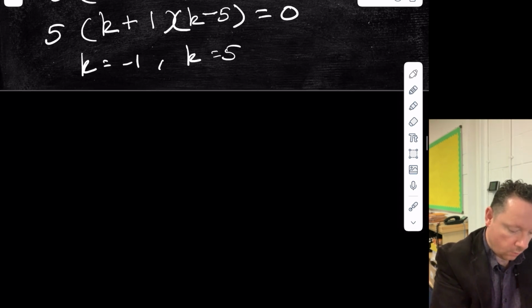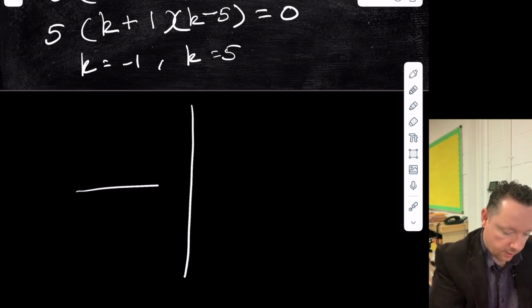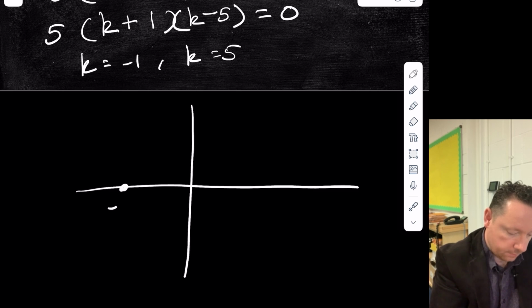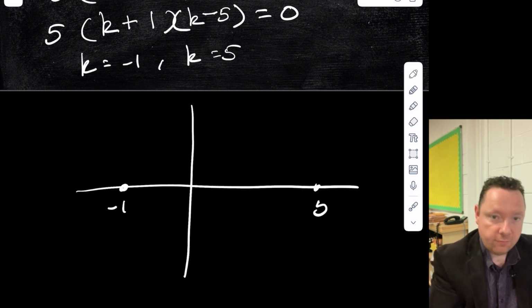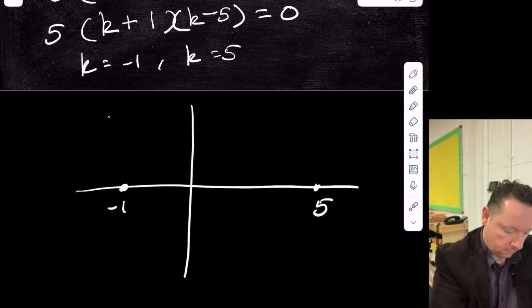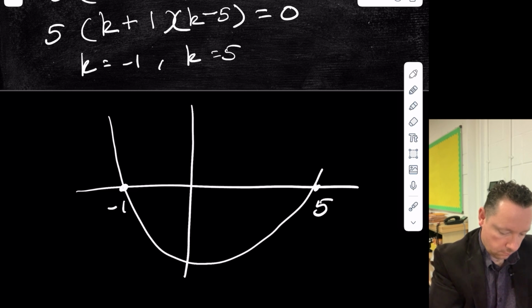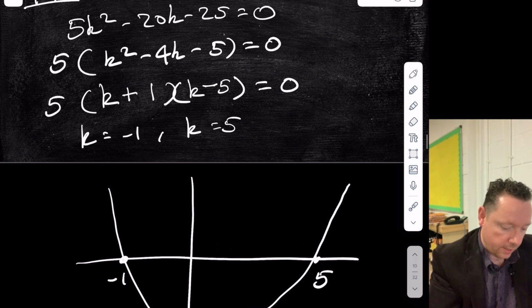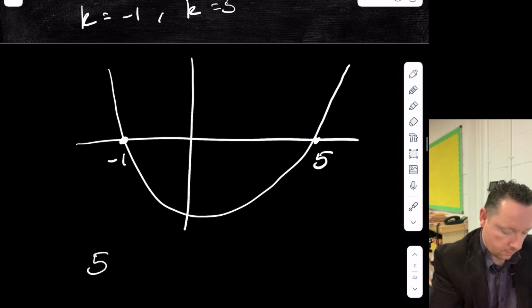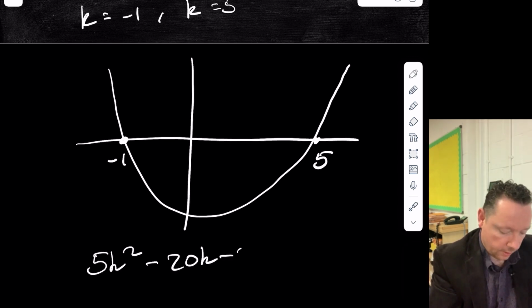So looking at the turning points, we can then just draw a quick sketch of a graph, noting minus 1 and noting 5. There's your rough graph. And we want 5k squared minus 20k minus 25 to be less than 0.